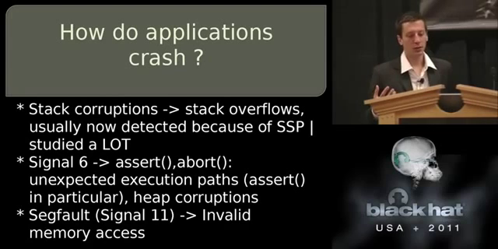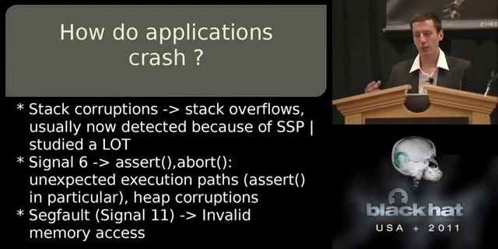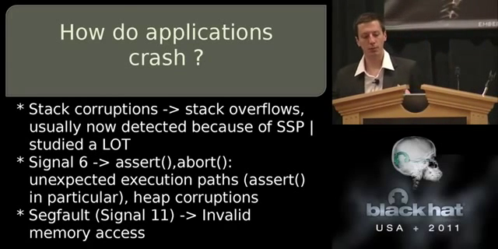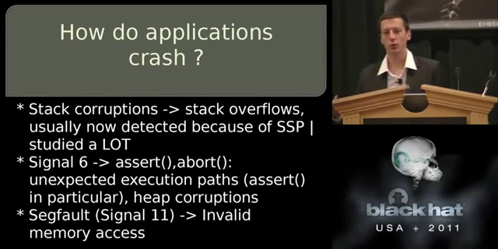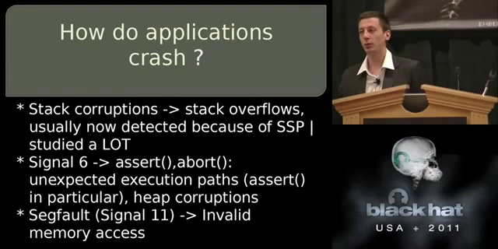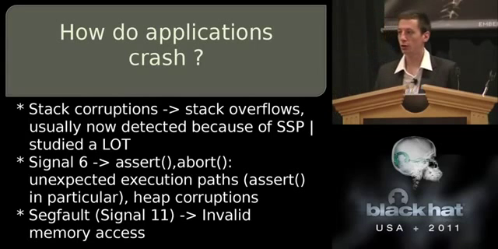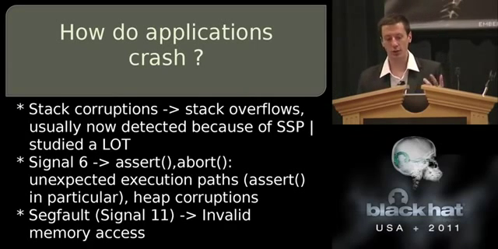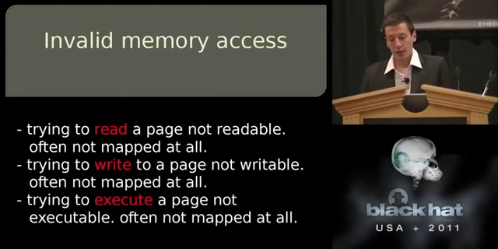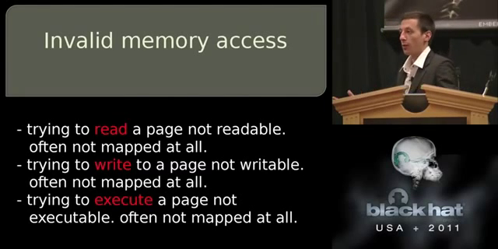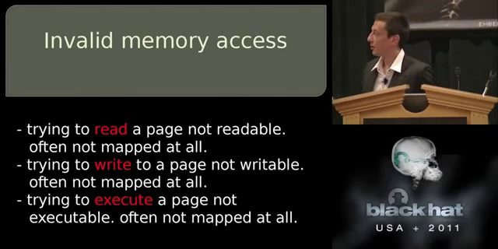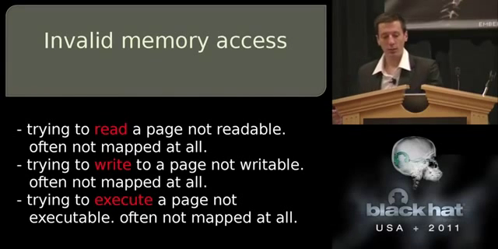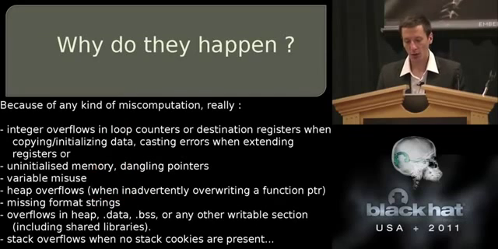A segmentation fault is when you're trying to access a particular section or memory address in a way you're not supposed to. Like you're trying to execute memory which is not executable, or you're trying to write to memory which is not writable. Because of the permissions, there are basically 3 ways for this to happen: an invalid read, an invalid write, or an invalid execute.